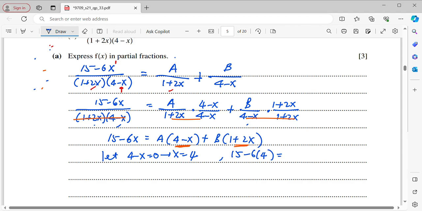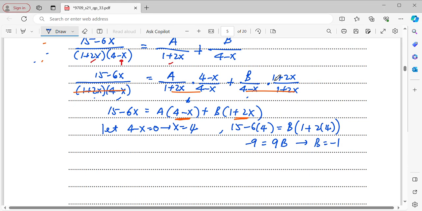So this whole 4 minus x will be 0. Then I will just have to consider the b. So it will be 1 plus 2 bracket 4. So the left hand side is going to be minus 9. Right hand side is 9b. Therefore, the b is minus 1. Okay, now next I will let 1 plus 2x be 0.